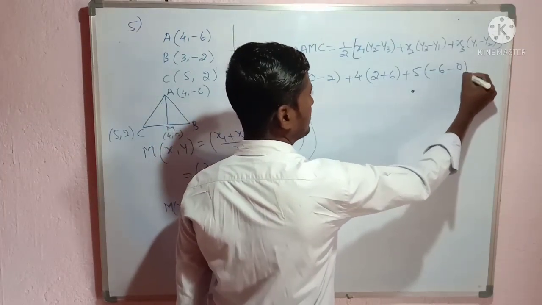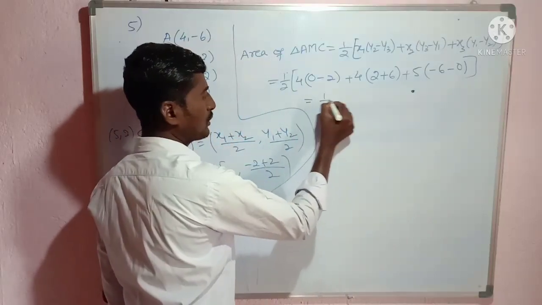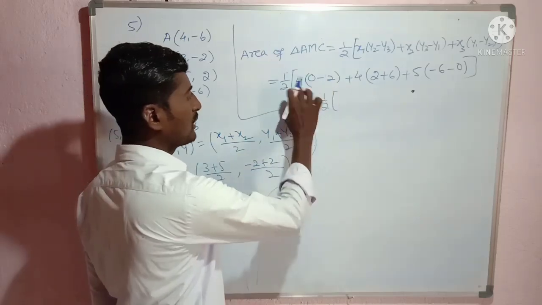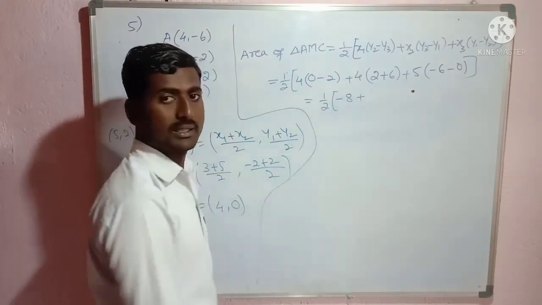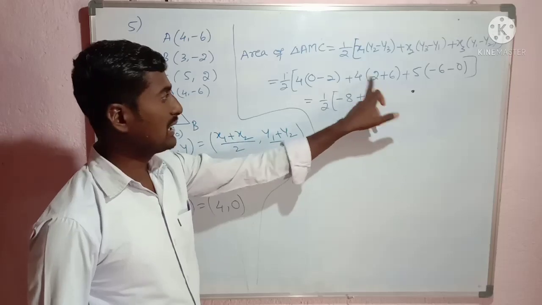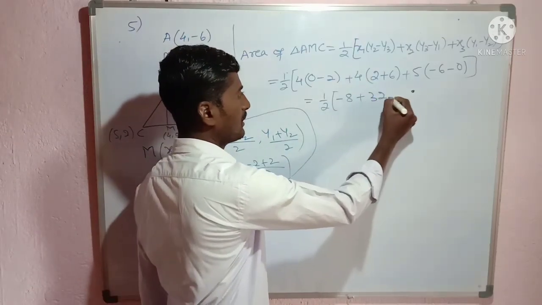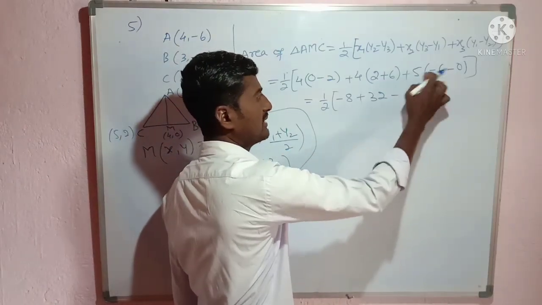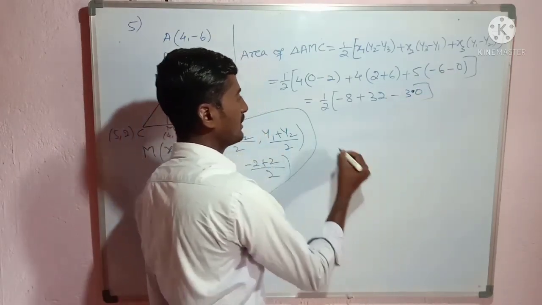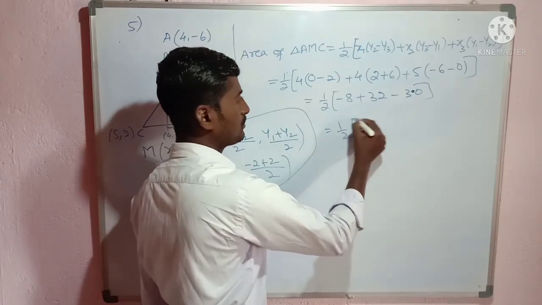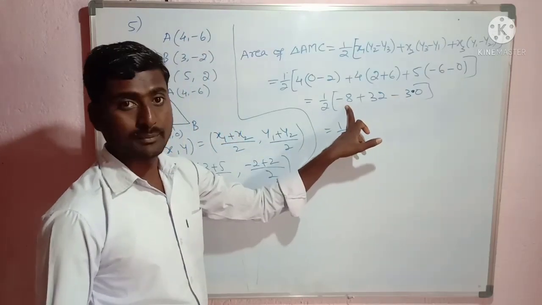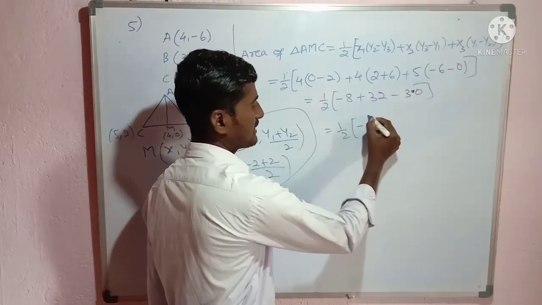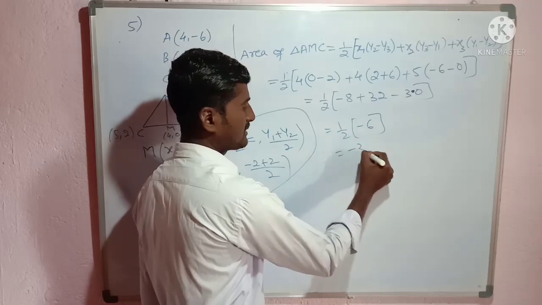This equals 1 by 2 into [4 into minus 2, that is minus 8, plus 4 into 8, that is 32, plus 5 into minus 6, that is minus 30]. Minus 8 minus 30 is minus 38, minus 38 plus 32 is minus 6, so this is minus 3.